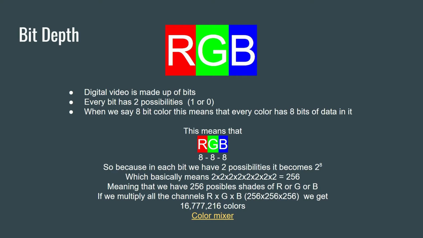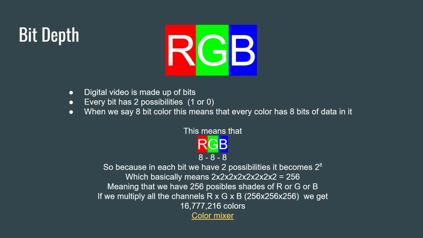RGB, standard color RGB, what you see on your monitors and on your phones, is made up of 8 bits per color channel, which means that there are 8 bits in red, 8 bits in green, 8 bits in blue. Every bit has 2 possibilities. It's either a 1 or a 0. It's either on or off. That's just how data works. Don't worry about it too much. I'll explain that in another workshop.